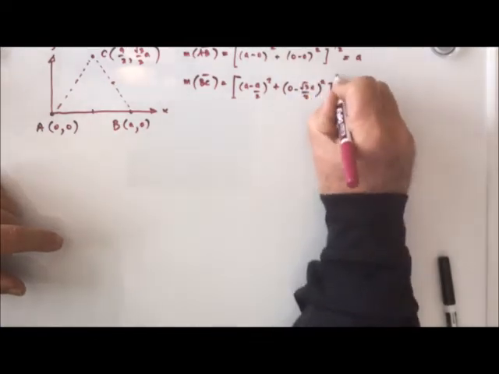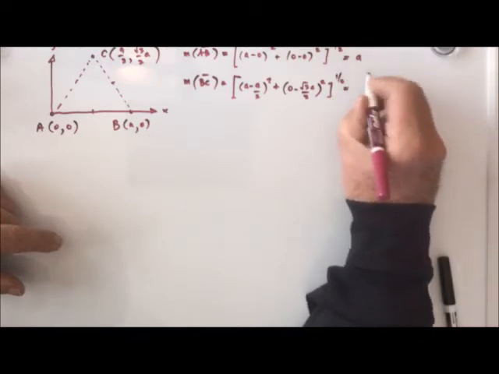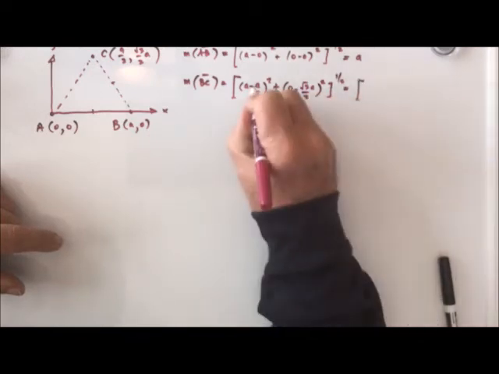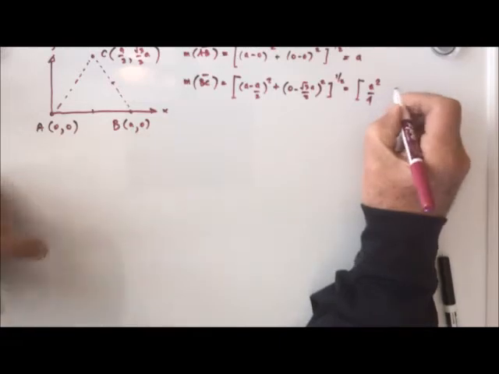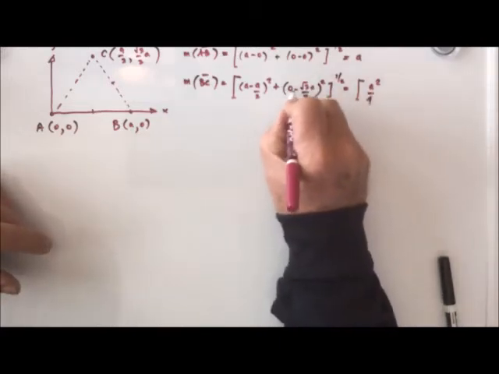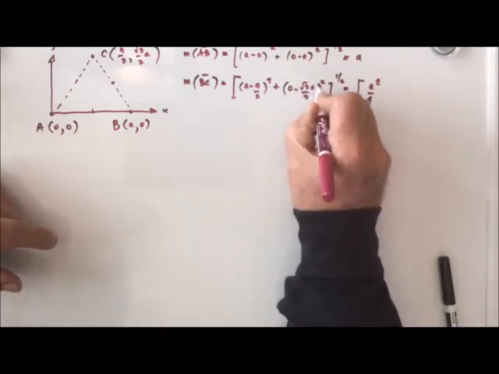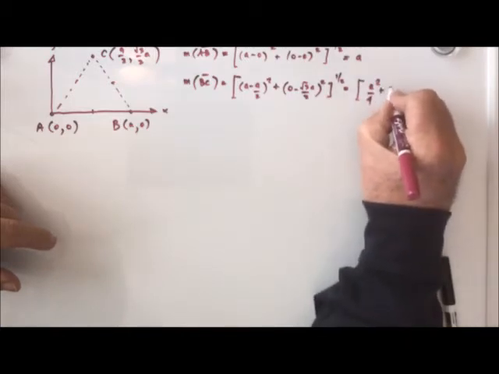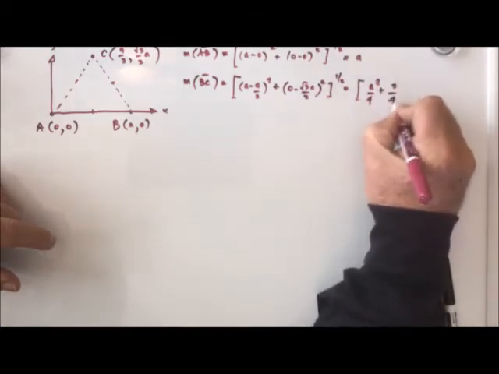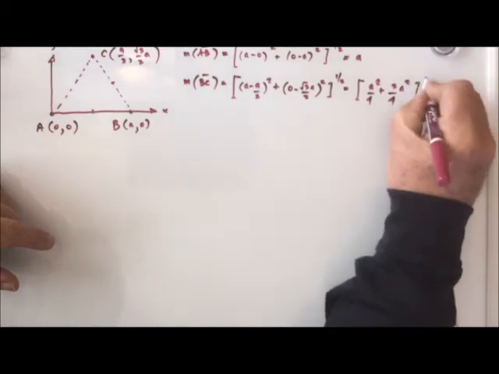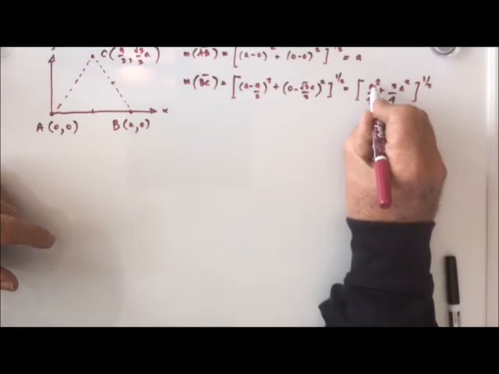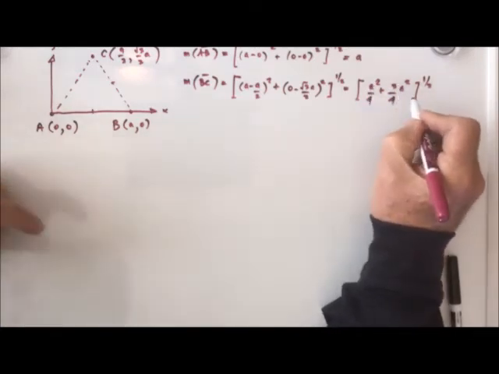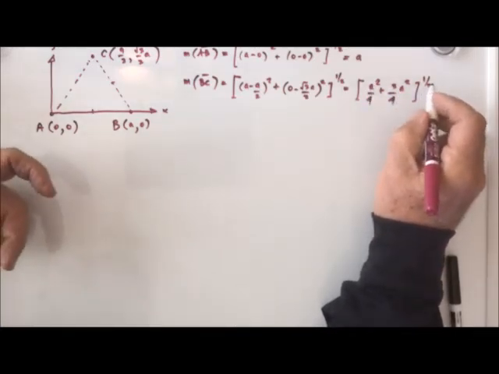Square them, take the square root, and what you're going to be left with on the interior is (a minus a/2) squared, which is a squared over 4. And (0 minus √3a/2) squared is 3 over 4 a squared. I'm going to have to take the square root. And sure enough, I've got 1/4 a squared and 3/4 a squared. I'm pretty sure that's a squared.